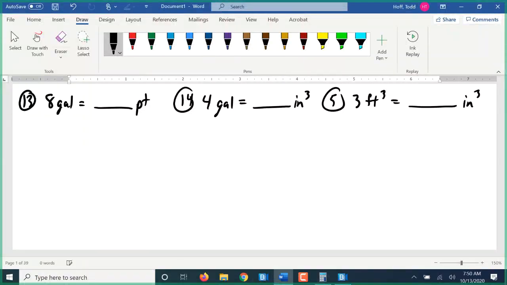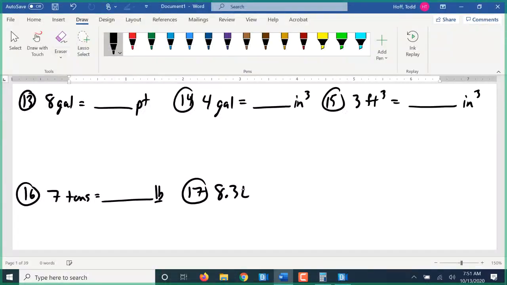We'll go from 3 cubic feet into the cubic inches. Tons into pounds. Liters to milliliters, and finally, pounds into ounces. We'll go over those in just a couple minutes.